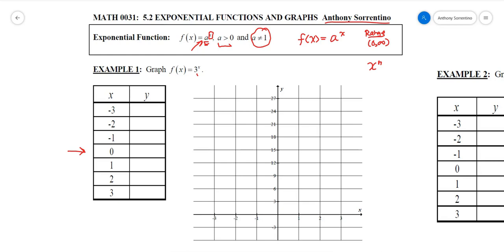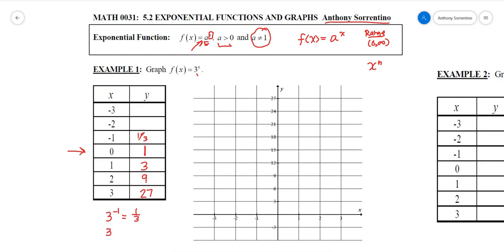Like, for instance, 3 to the 0 power, or anything to the 0 power, is 1. 3 to the first power is 3. 3 squared would be 9. 3 cubed would be 27. If I have 3 to the -1 power, remember, negative powers mean reciprocal. So that's going to be 1/3.